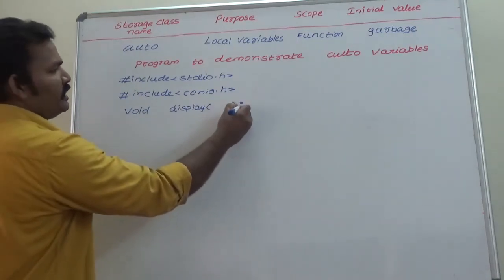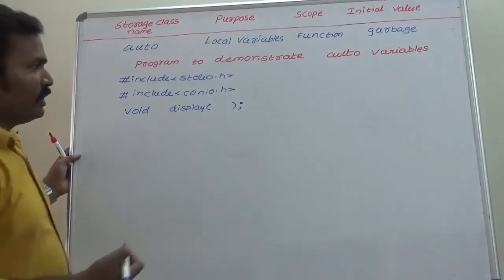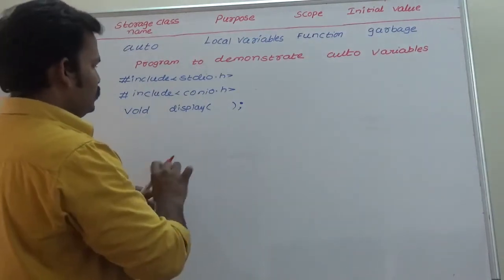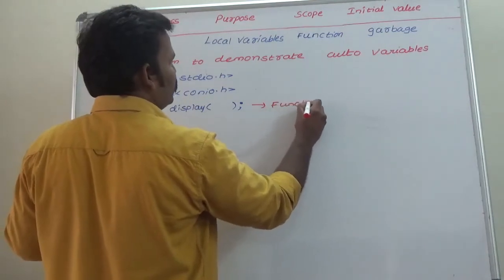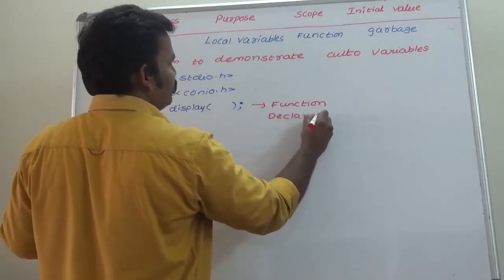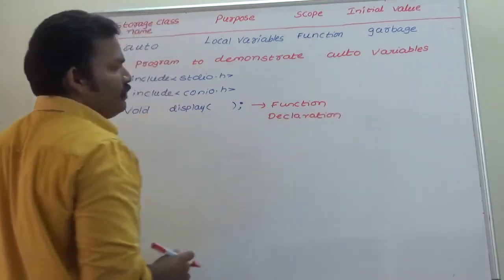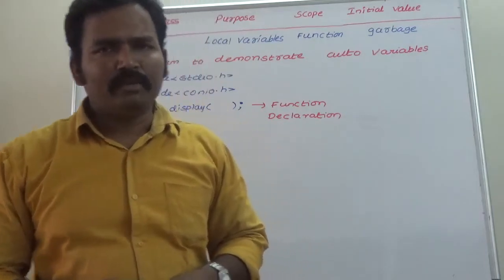The declaration statement should be terminated with a semicolon. This is the function declaration statement. Every function must be declared before it is used in a program.